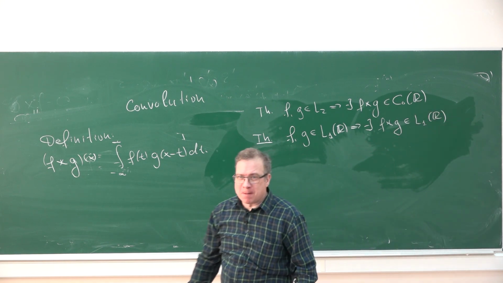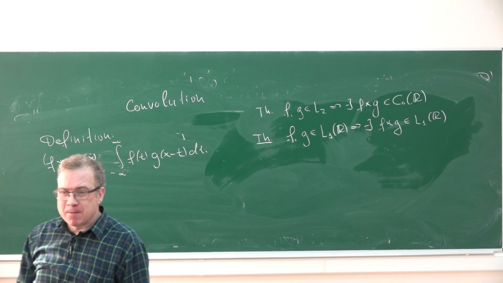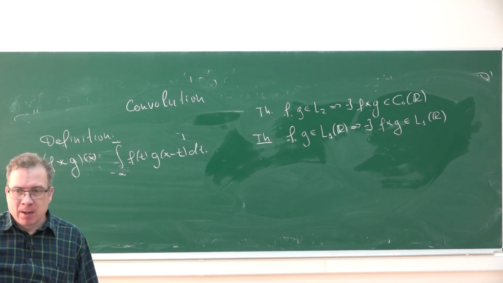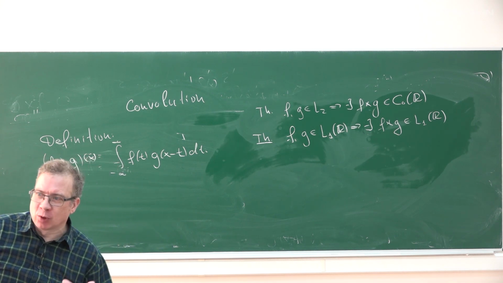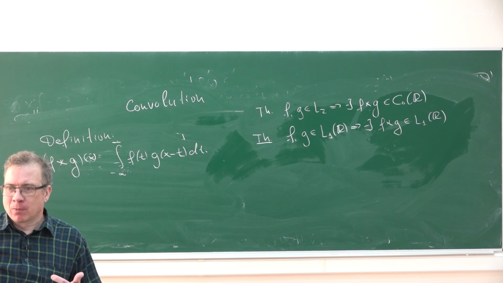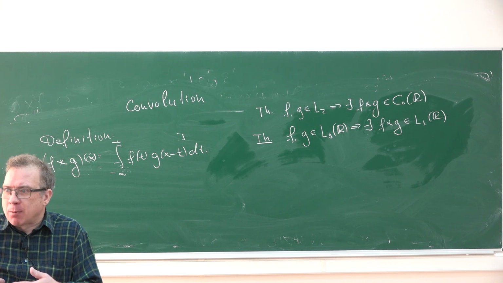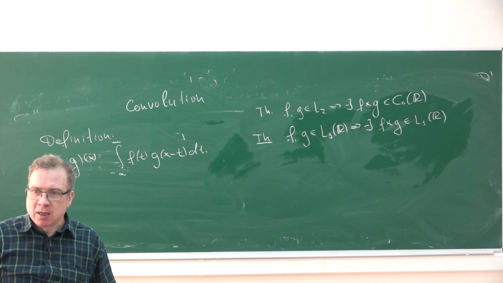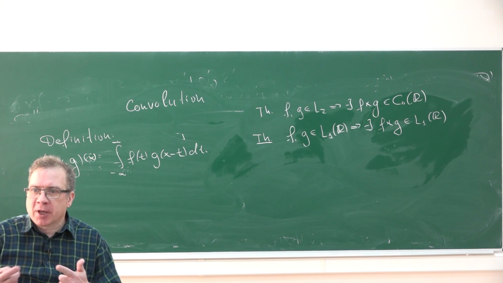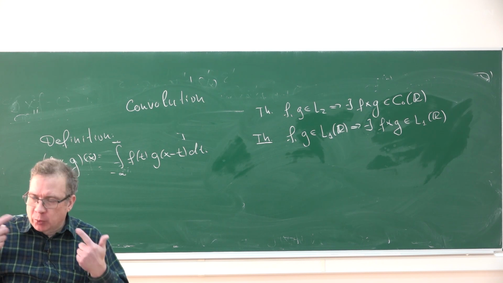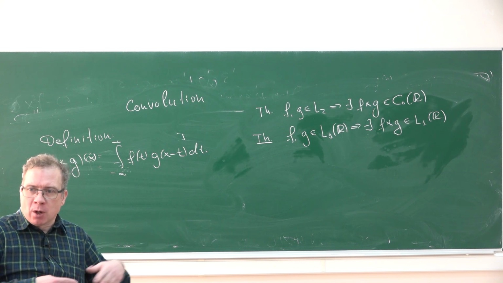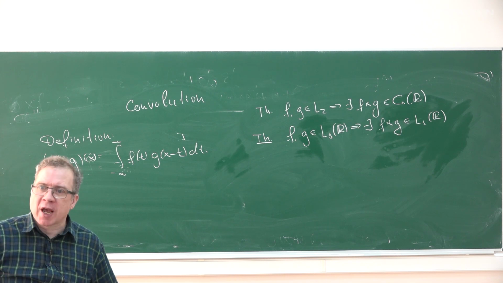L1 is an algebra, where the multiplication is the convolution. The sum of functions from L1 is a function from L1, a linear space, but the usual multiplication is not from L1. But if we take the convolution as multiplication, L1 becomes an algebra.